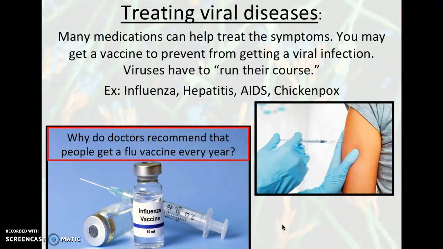All right, so moving on to viruses, how do we treat viruses? If we can't take an antibiotic, how do we treat them? Well, there are a lot of medications that treat the symptoms for viruses. Unfortunately, viruses really just have to run their course. And so, if you have a virus or common cold, you can take over-the-counter things like Mucinex and Robitussin and things like that to help with your cough, the mucus buildup.